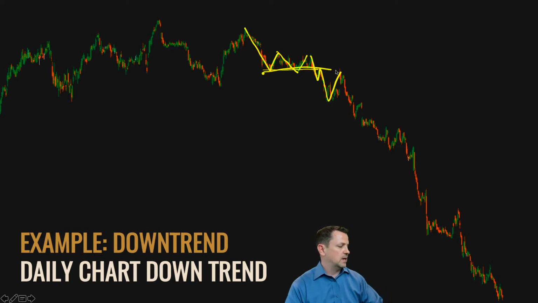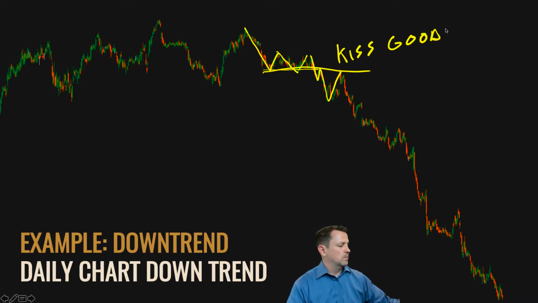This is called a kiss goodbye. They call this big retest here the kiss goodbye. Now, it's also known as the kiss of death, if you want something a little bit more dramatic.